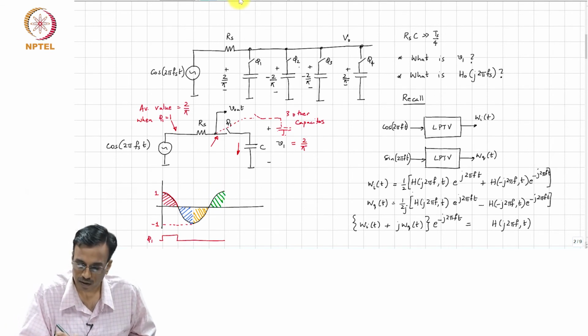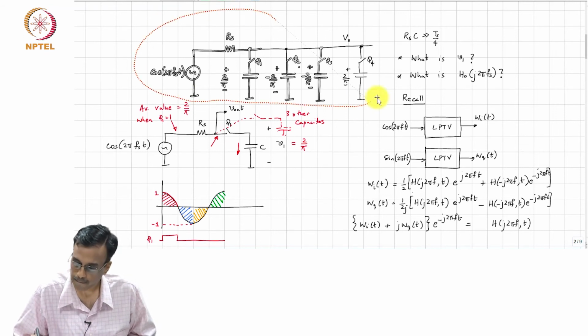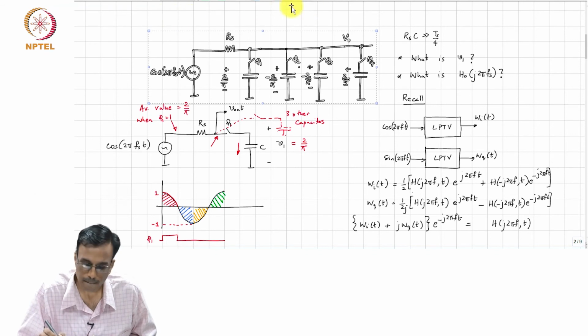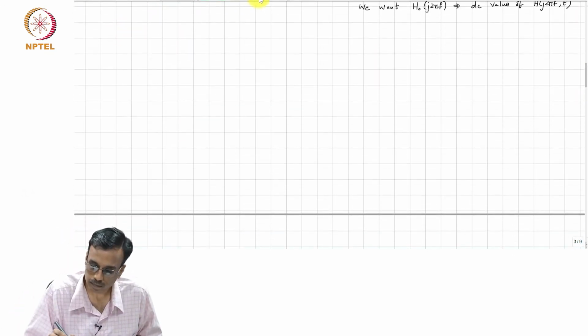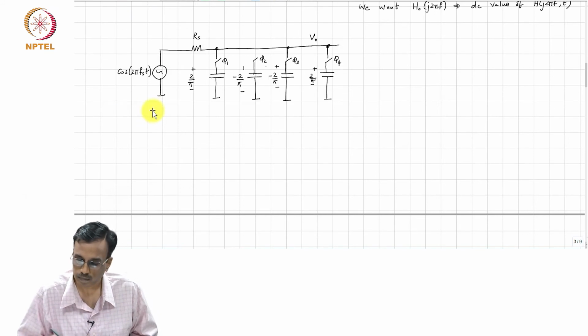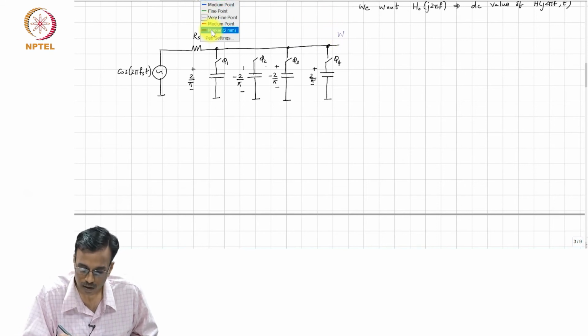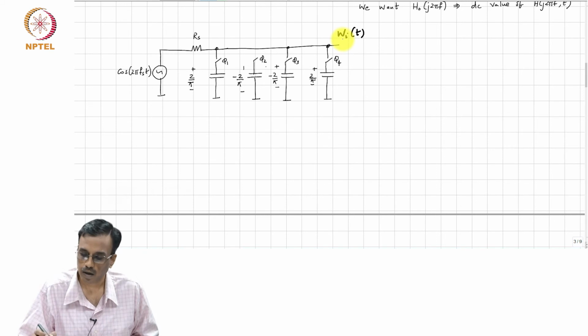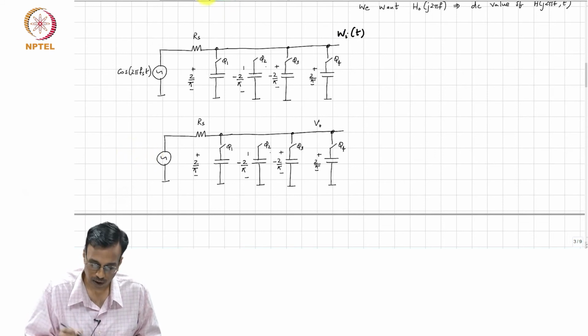So, I am going to copy and paste this. So, this is W I of t, and what do we have for W?